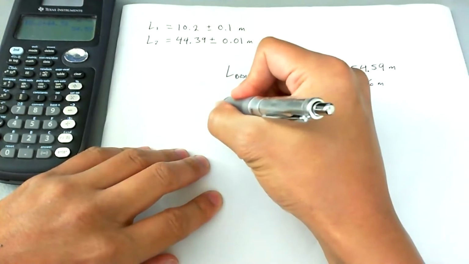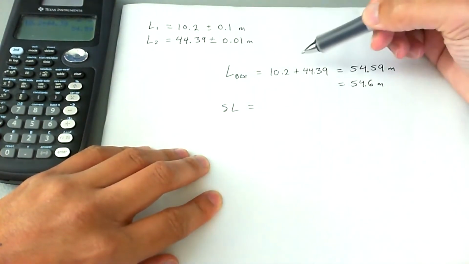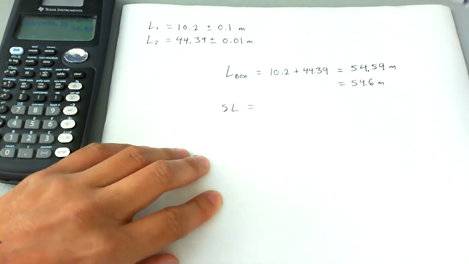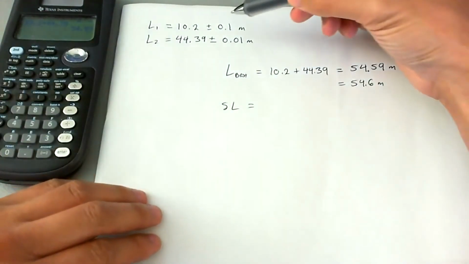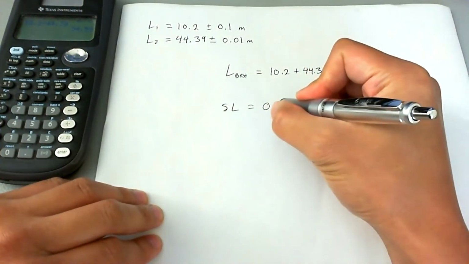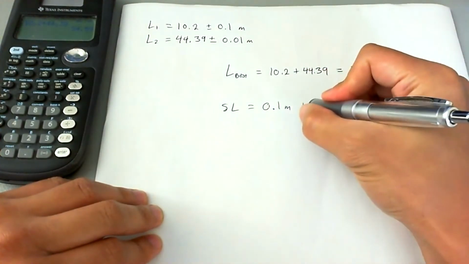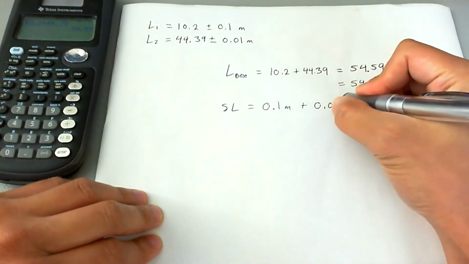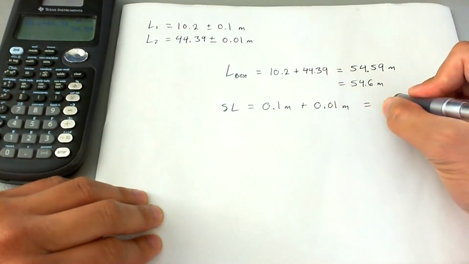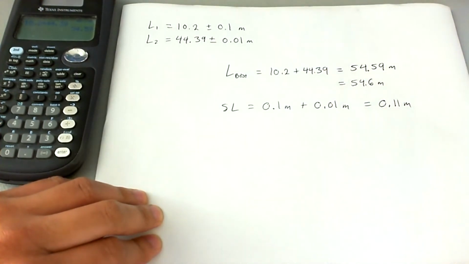Now to get the uncertainty of the length, for any problem in which you simply add or subtract, the uncertainty is very simple. All you need to do is take the addition of both uncertainties. So the uncertainty for length 1 is 0.1 meter, and the uncertainty for length 2 is 0.01 meters. Both of them added together is 0.11 meters.